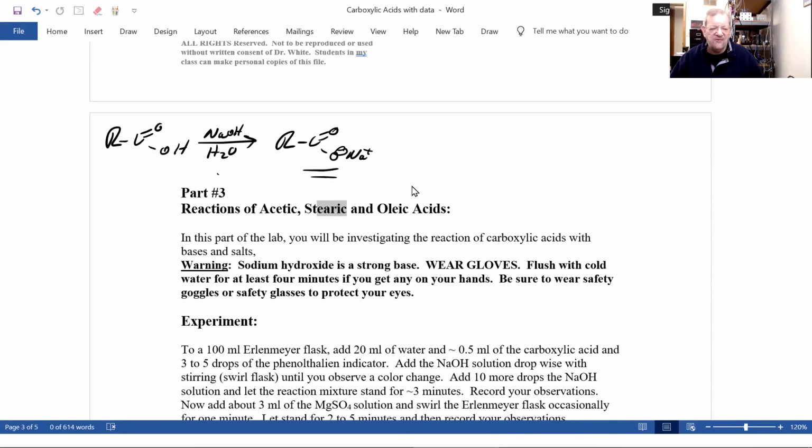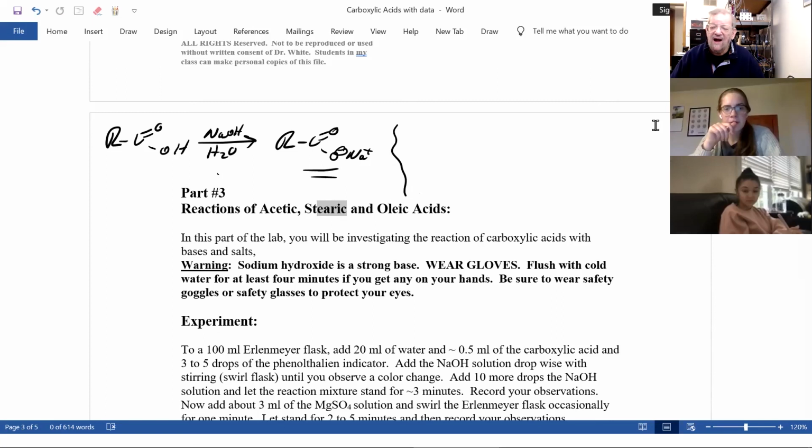Now, the next reaction I want to show you is the following. Before I do that, how many of you have ever heard of hard water and soft water? Hard water generally means how much of certain ions are present. Luckily, if you get Lake Michigan water, that's not too hard. If you go to certain parts of the country, it's hard.